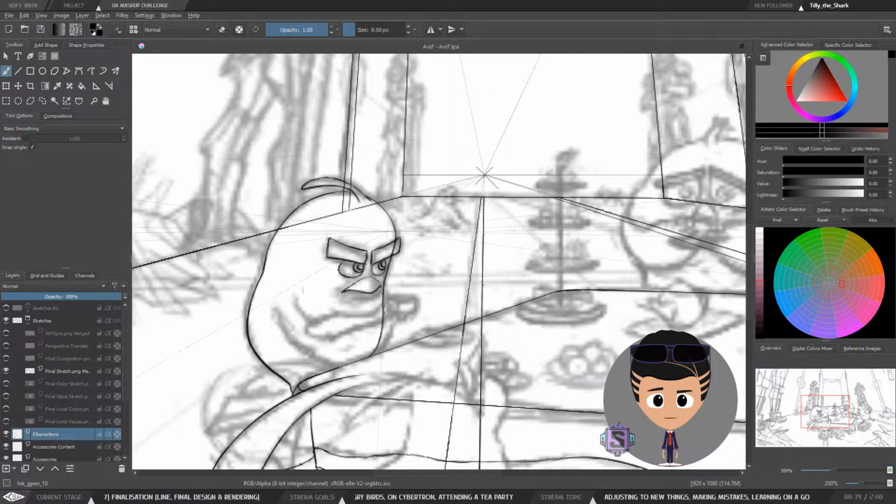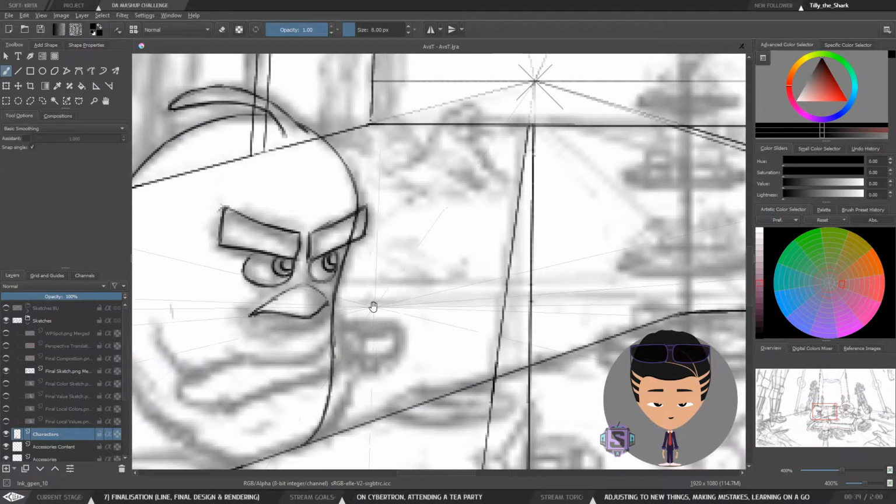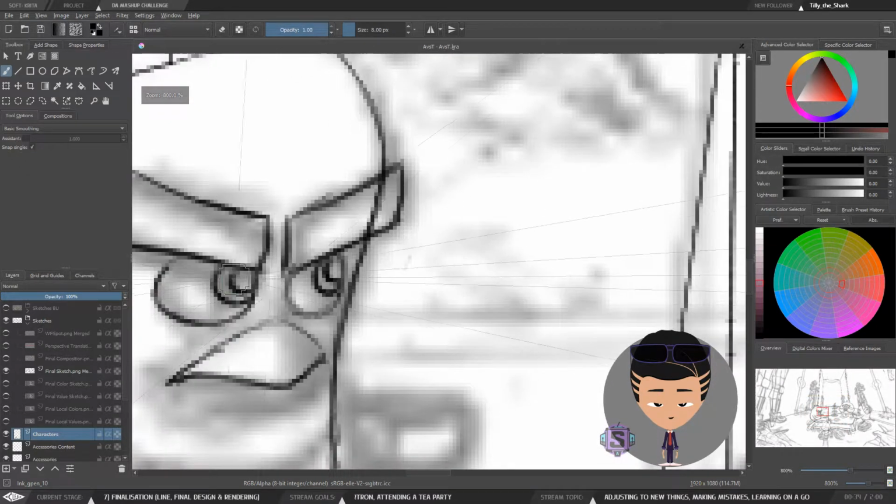So let's try to do that. Make the eyes visible.